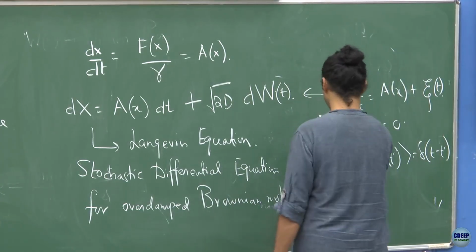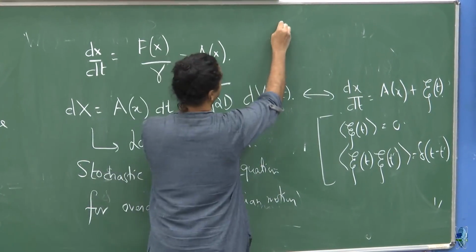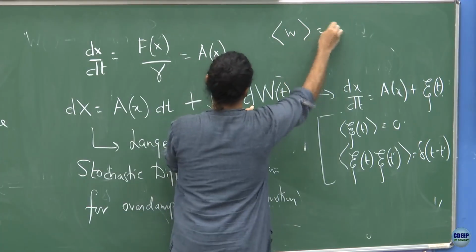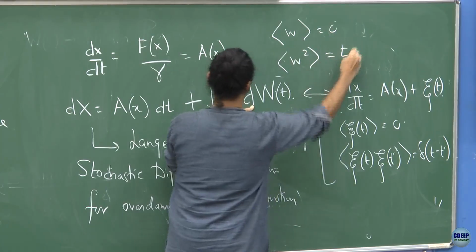So, this is white noise. So, this arises purely from this property of the Wiener process that average W is 0 and average W square is equal to t.